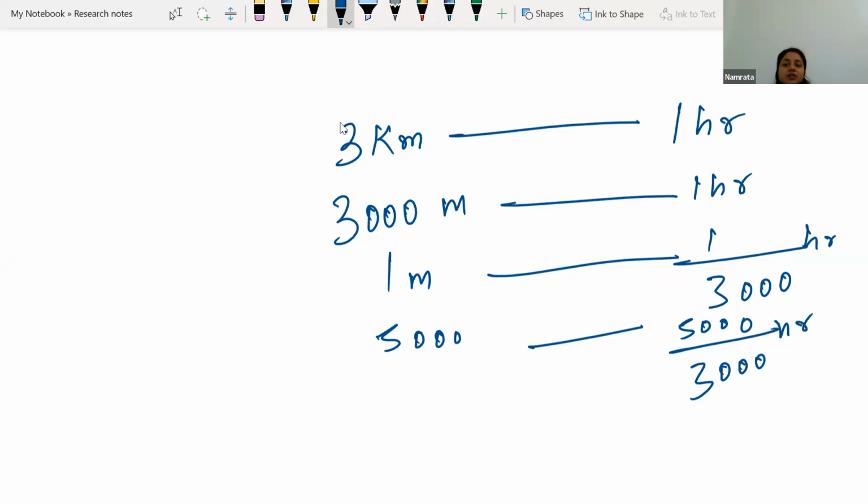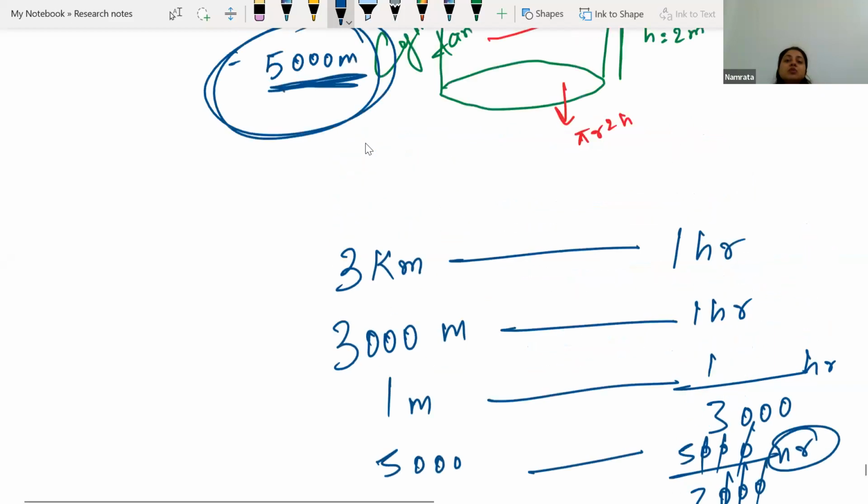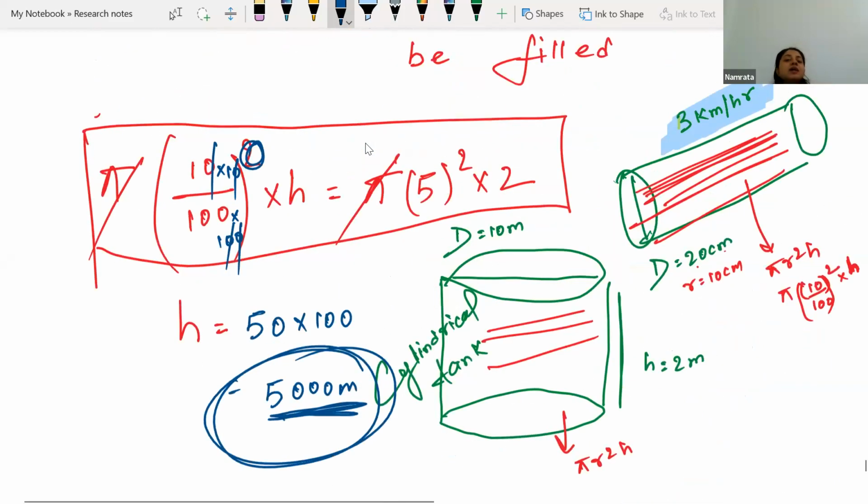Anyone having any confusion over here? No, ma'am. This is in hours. If you want to convert it into minutes or seconds, you can multiply by 60. So 5 by 3 hour is the total time needed when both the volumes will be the same, and at that time only our cylindrical tank will be filled.